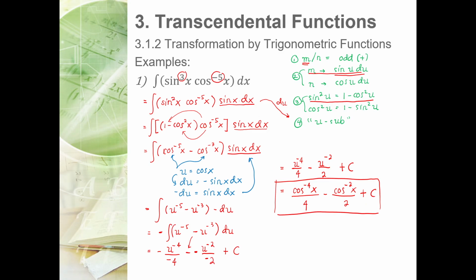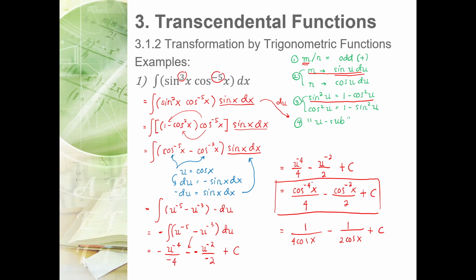Okay, if you don't want any negative exponent, you can also express your answer in this manner. That's 1 all over 4 cosine to the 4 x minus 1 all over 2 cosine squared x plus c. So this is the correct answer also.